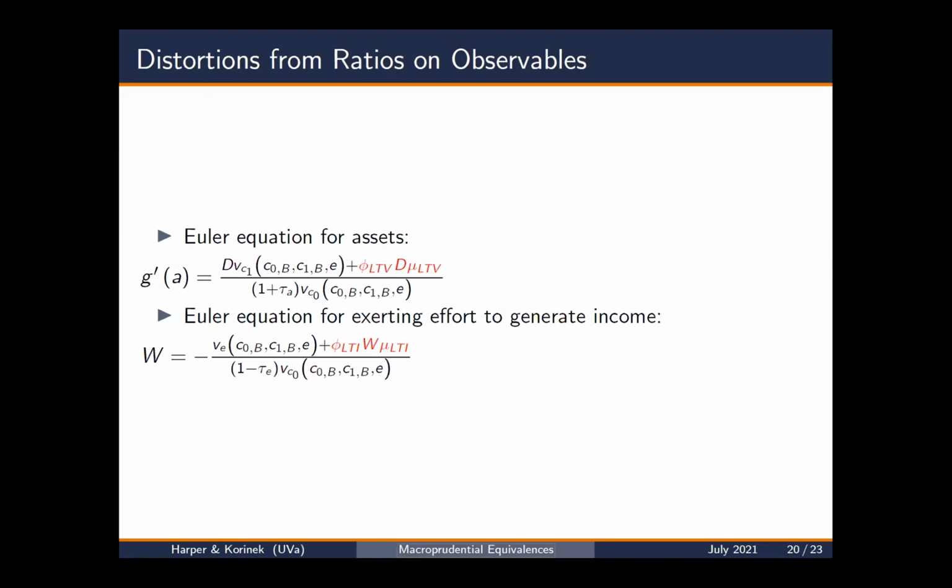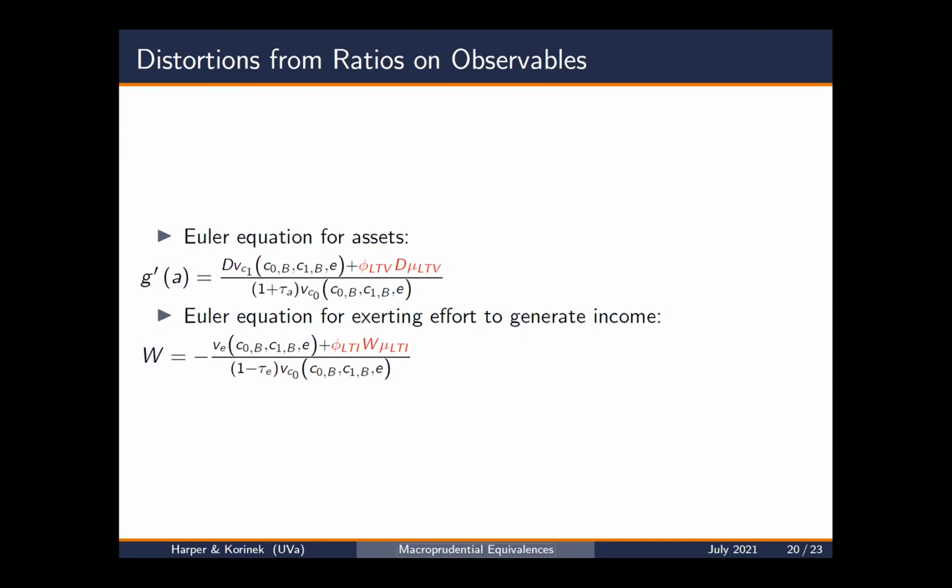And that's going to give you an incentive to produce more assets, or similarly, an incentive to work more. However, you'll notice these taxes are in here. If you correctly size the tax, then you're going to be able to offset this effect and get this Euler equation back to where assets or income are just valued at their discounted present value.